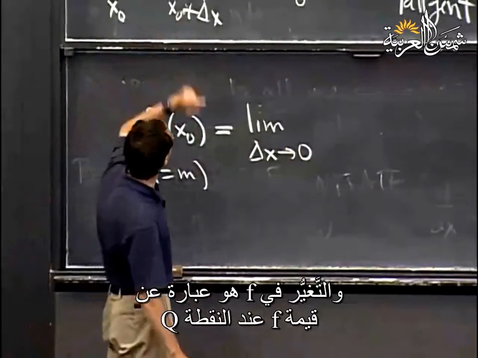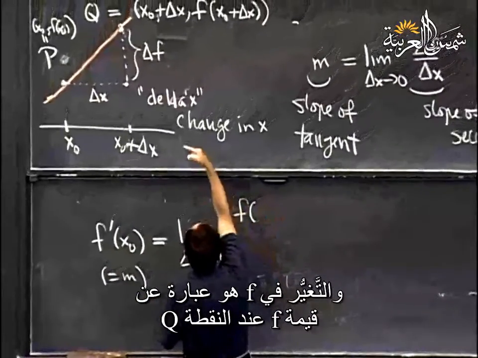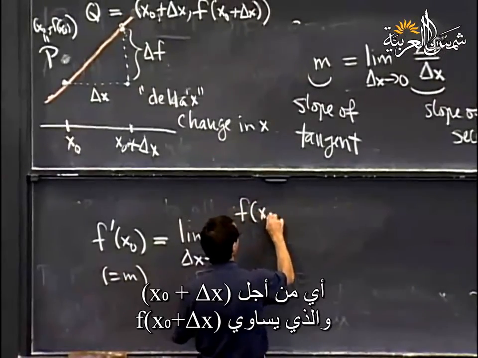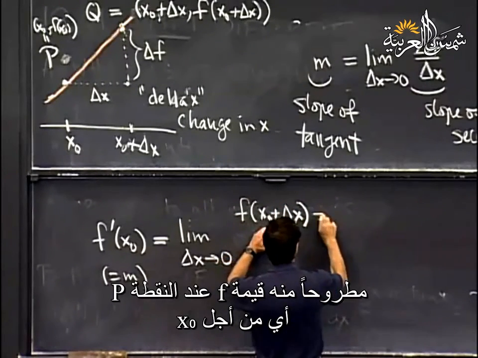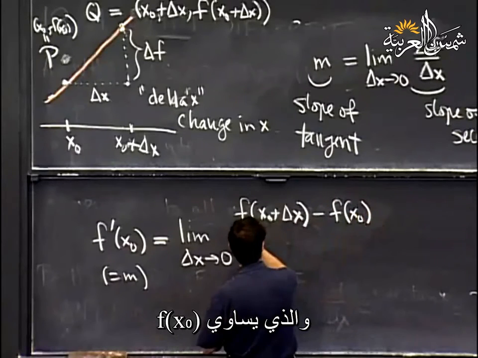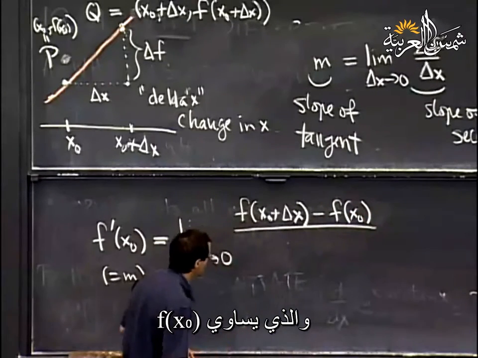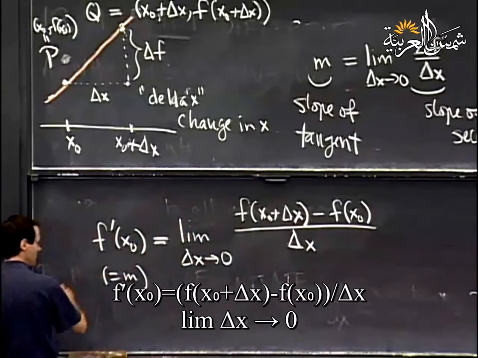Well, the change in f is the value of f at the upper point here, which is x0 plus delta x, and minus its value at the lower point, P, which is f of x0, divided by delta x. All right, so this is the formula.